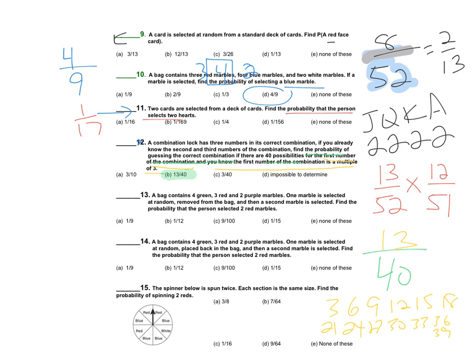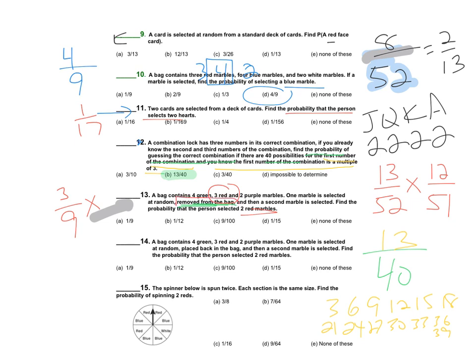So 13 over 40. A bag contains 4 green, 3 red, 2 purple marbles. 1 marble is selected at random, removed from the bag, and then a second one is chosen. Find the probability of selecting 2 red marbles. Well, on the first pick, there's 3 red marbles, and there's a total of 9. You assume you picked one of those 3 red marbles.